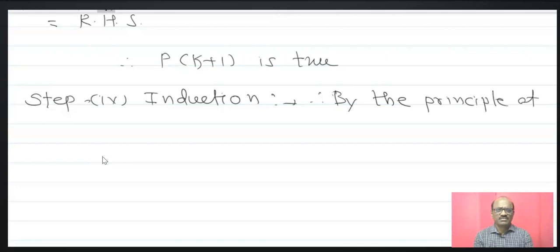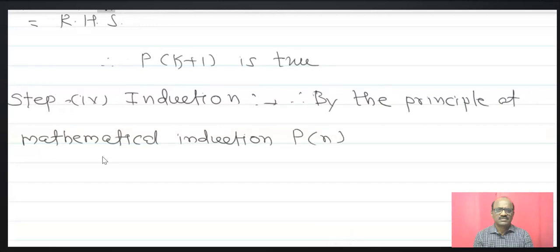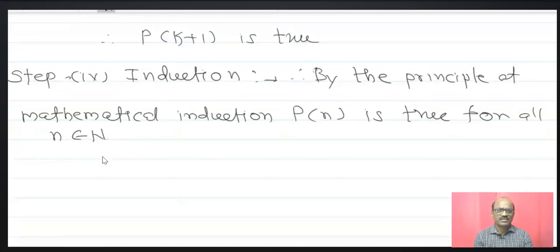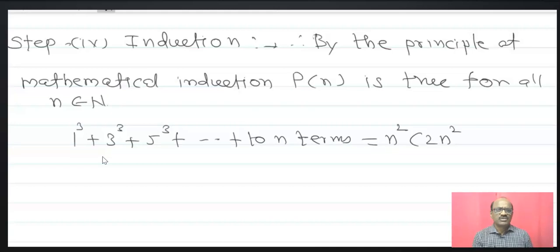By the principle of mathematical induction, P of n is true for small n belongs to the capital N. That is 1 cube plus 3 cube plus 5 cube to the nth term, and that is equal to n square in bracket 2n square minus 1 for all n belongs to N.